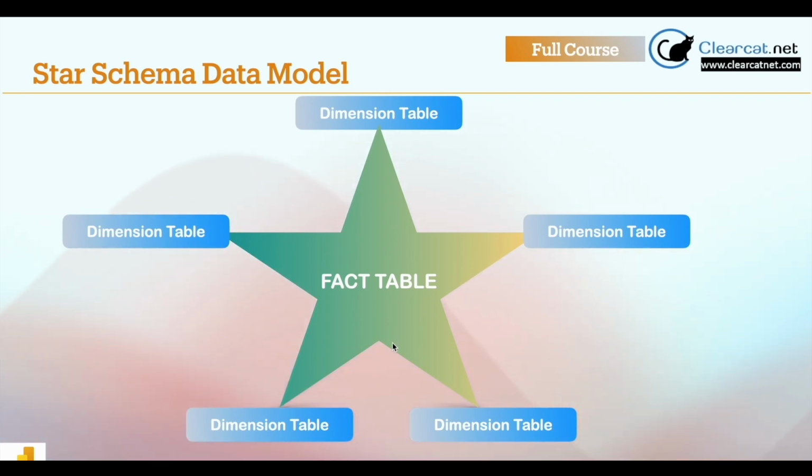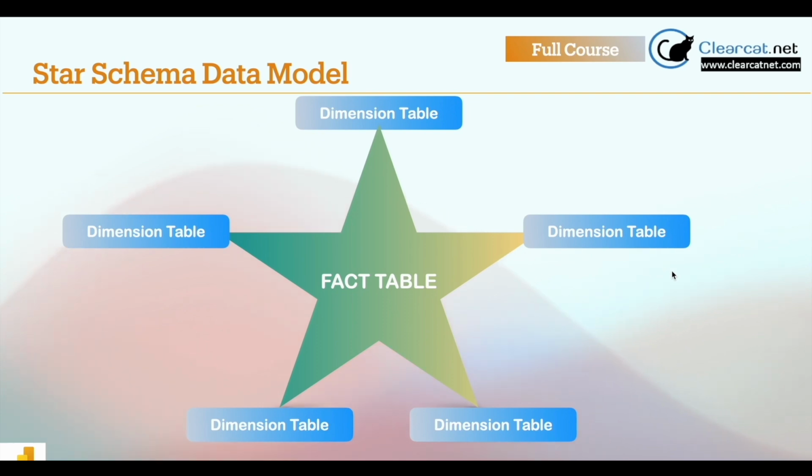In the center we have a fact table which may contain a number of foreign keys, which will be the primary keys of the dimensional tables, and our fact table will be surrounded by a number of dimensional tables. The dimensional table contains the deep detail about your entities, like maybe a customer table and a product table.